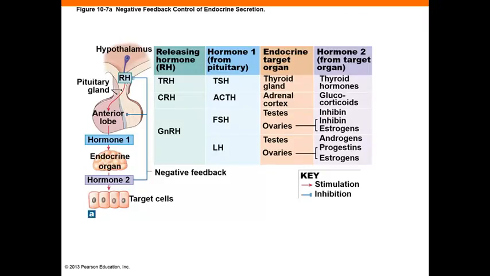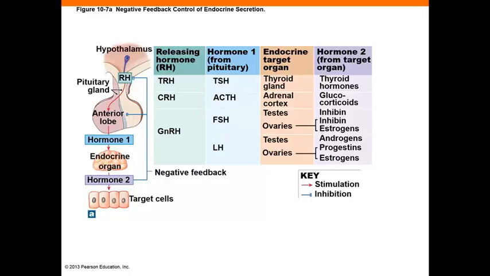This figure shows the typical pattern of regulation when multiple endocrine organs are involved. The hypothalamus produces a releasing hormone, which is abbreviated here as RH. This releasing hormone stimulates hormone 1 production from the anterior lobe of the pituitary gland.